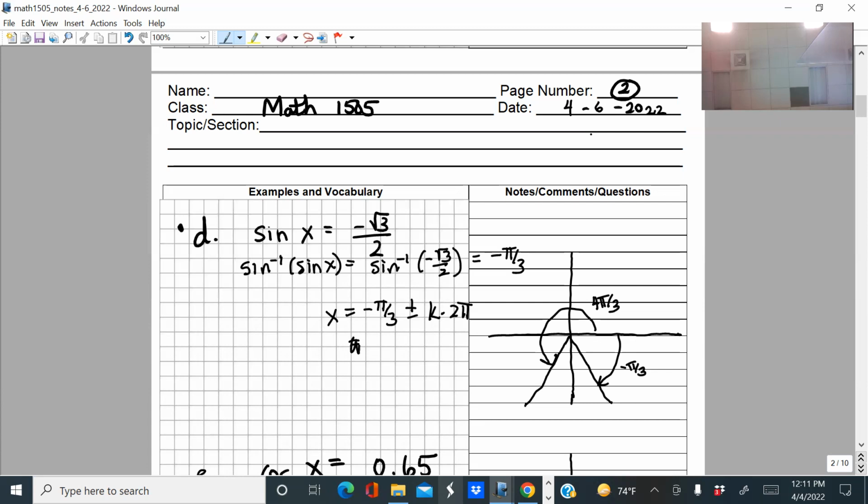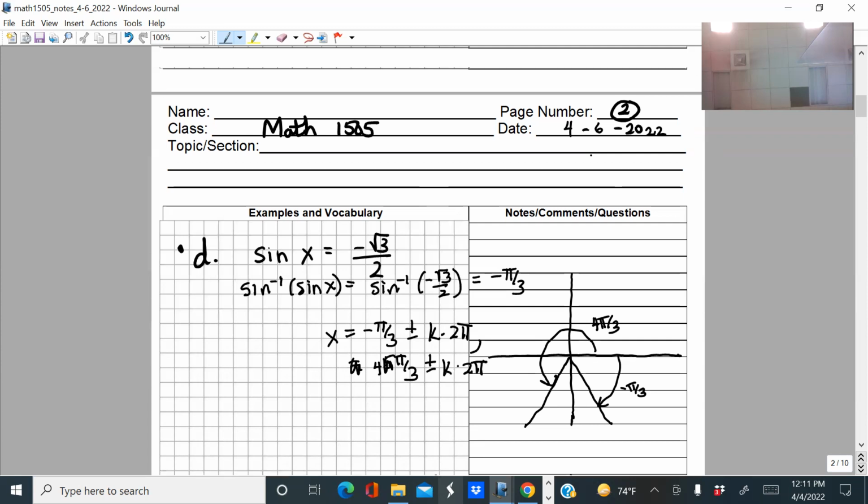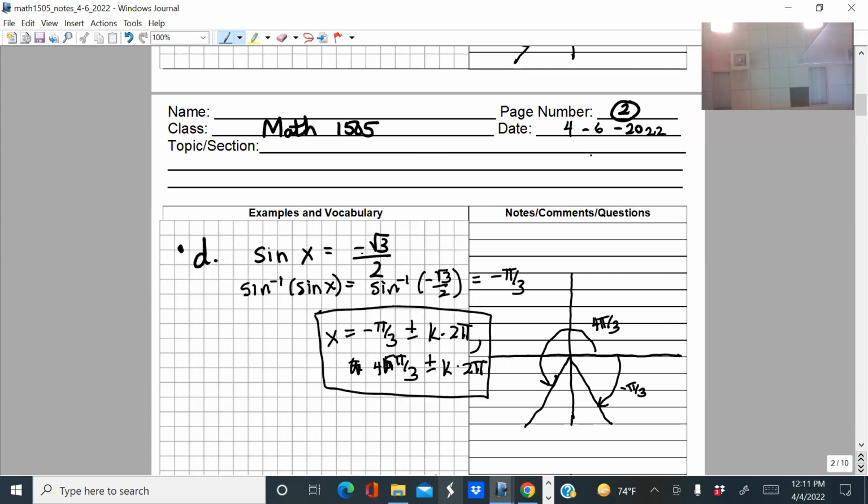So the other list of solutions there is 4 pi over 3 plus or minus a multiple of 2 pi, or you could have written minus 2 pi over 3 plus or minus a multiple of 2 pi. Okay, all right, so if y'all can read that, there are all the solutions to this equation.